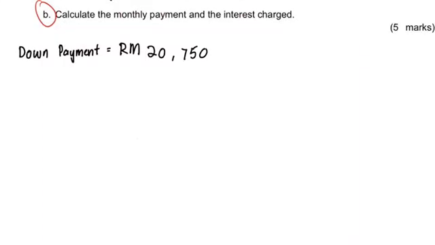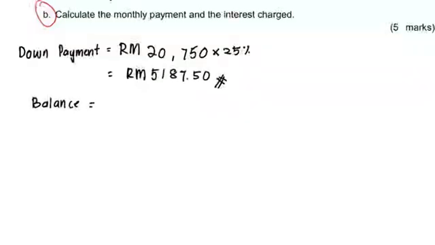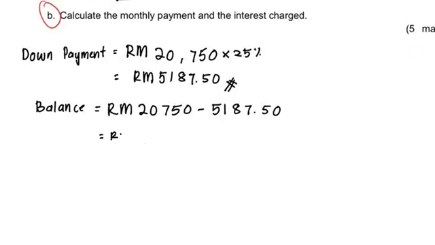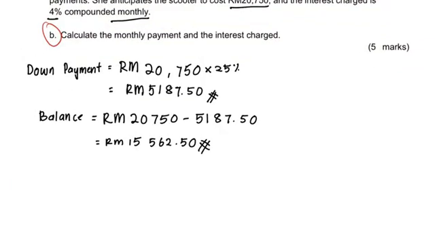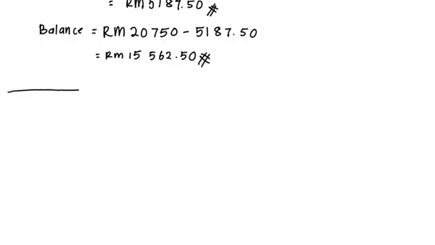So let's calculate the monthly payment and the interest charge. First the down payment, and the answer is 5,187.50 ringgit. Then we calculate the balance, and the answer is 15,562.50 ringgit.